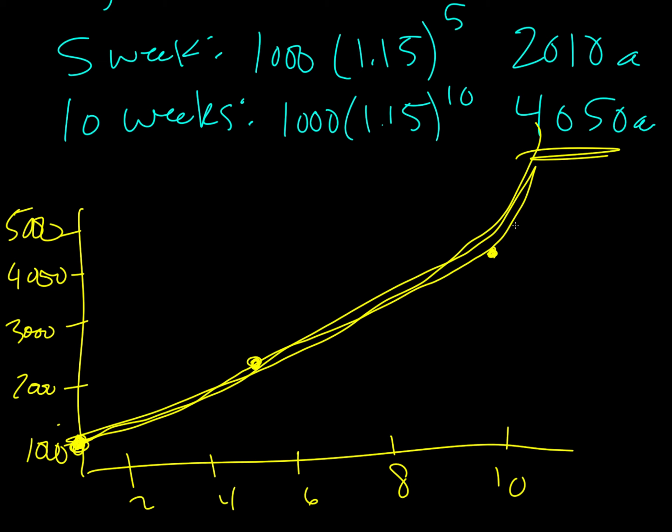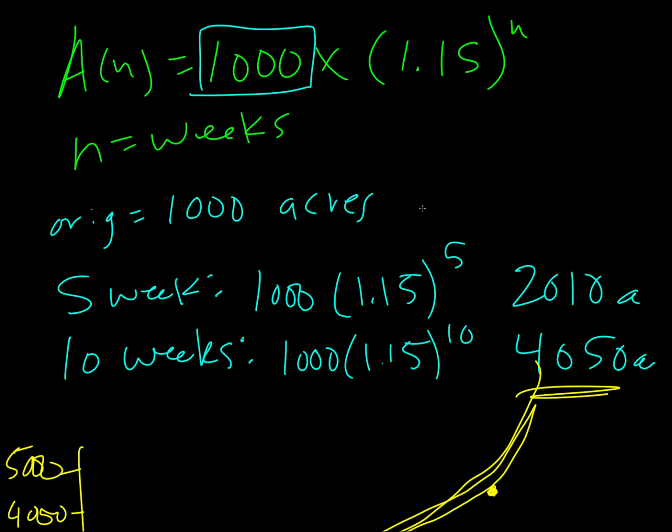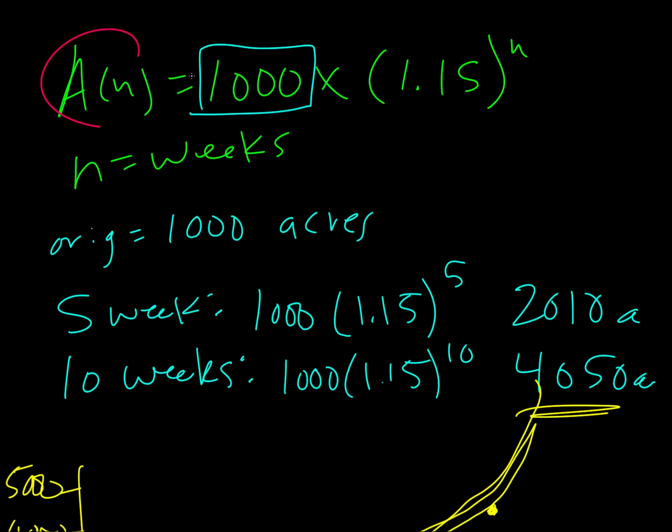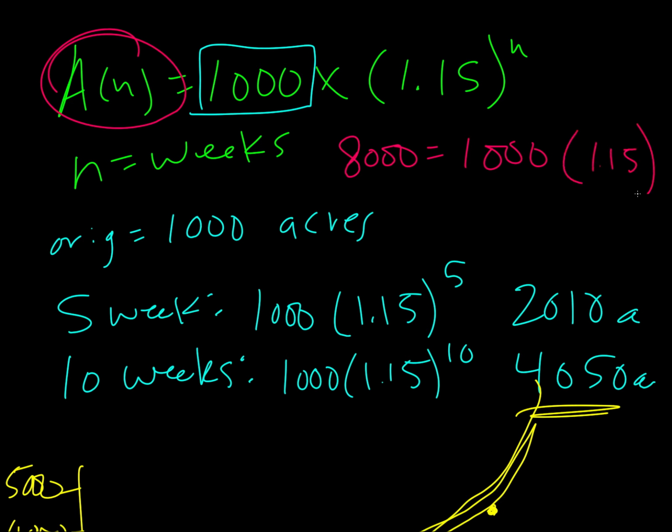Now D says use your graph or technology to find how long it will take for the affected area to reach 8,000 acres. So we're going to plug in 8,000 right here. So we're going to say 8,000 equals 1,000 times 1.15 to the x.